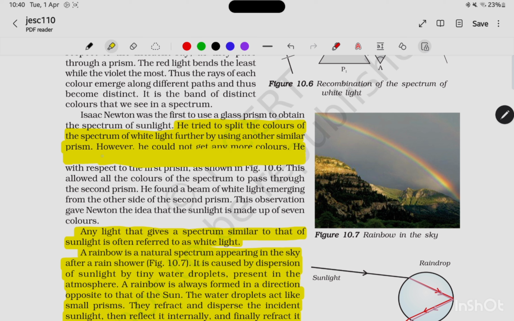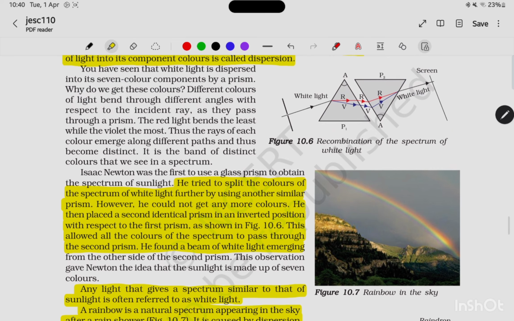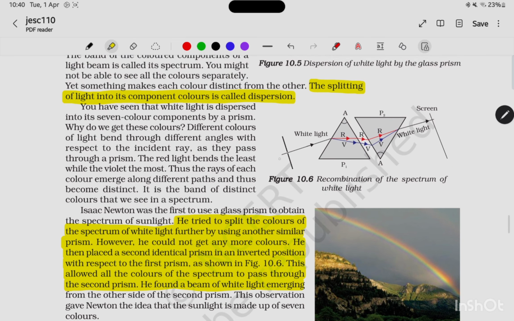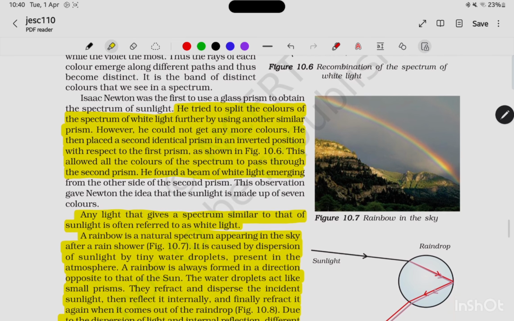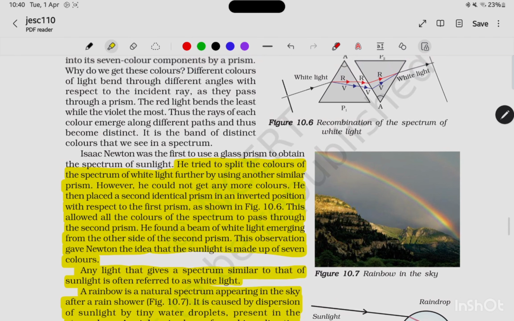Who tried to split the spectrum again? That's Sir Isaac Newton. At the same time, you might be asked how we can obtain white light again using two prisms. So there is not a definite question that comes from a paragraph. You cannot say this question will come from this paragraph in science. That's the issue.